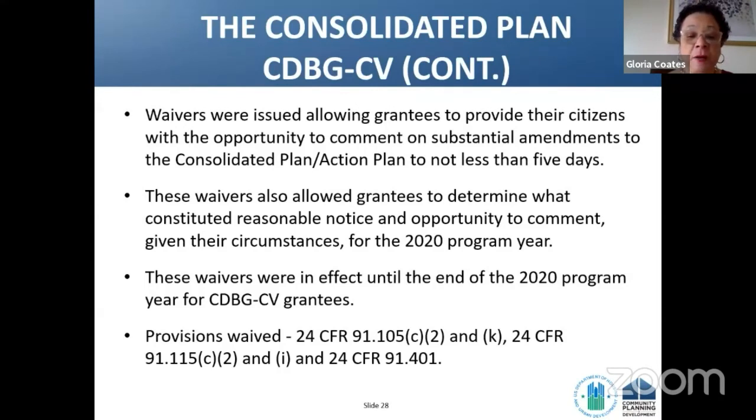These provisions are regarding substantial amendments for entitlements and states. And I believe 401 is for consortia. But these were the provisions that were waived that allowed grantees not to have to do 30 days, but to do 5 days for any amendment made to either 19 or 20 to address coronavirus. Next slide, please.